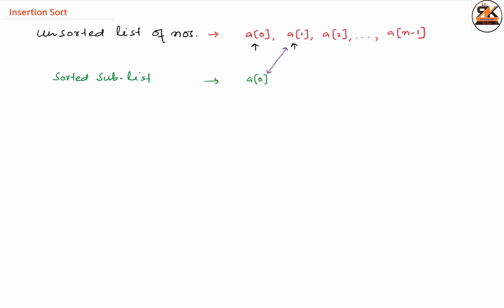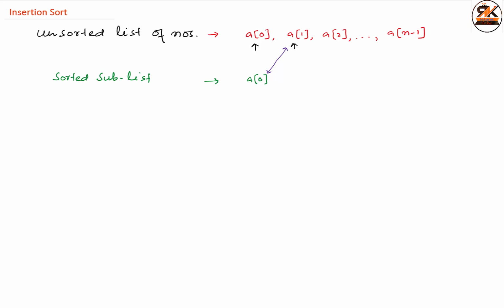And when this algorithm takes out the next element out of the unsorted list, that is A1, then A1 is compared with A0, and if A1 is greater than A0, then this A1 is placed on the right side of A0.